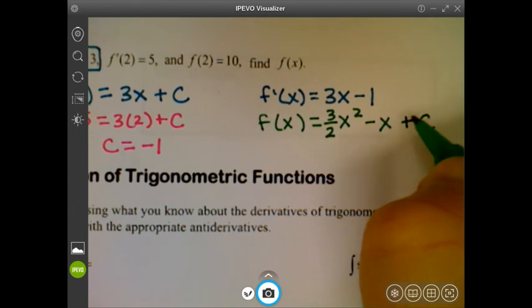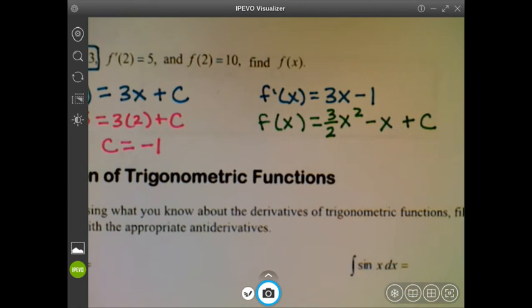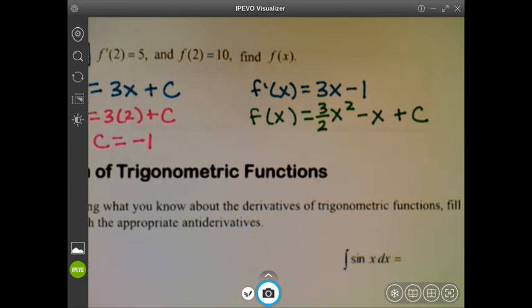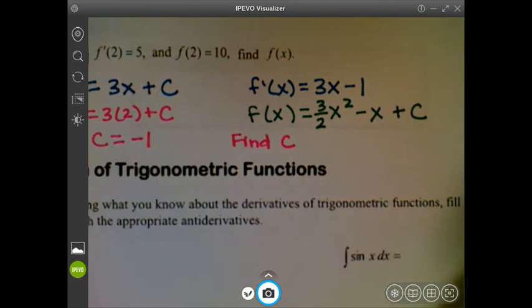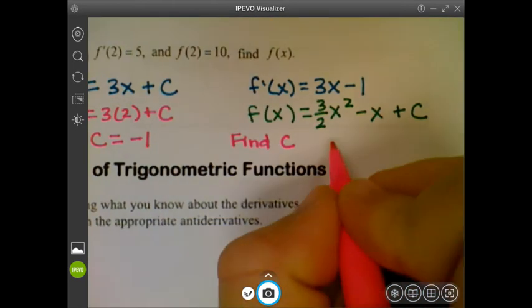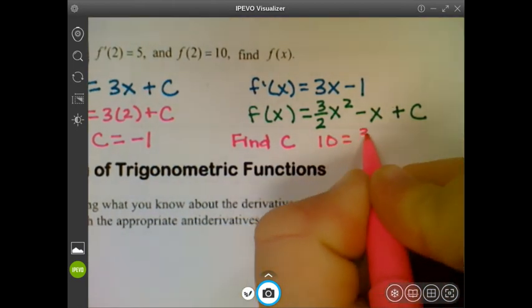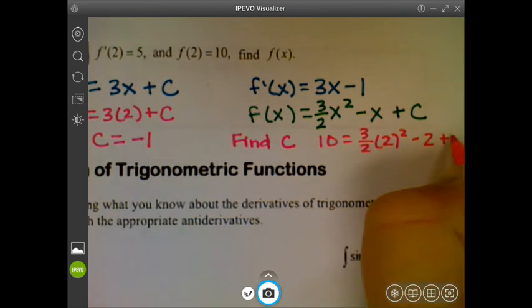Anytime you take an integral, you have to include the plus c. I know we included it over here, but we did a second integral, so we have to include it again. And then you're going to go ahead and find c for this equation, and you're going to use the fact that f of 2 equals 10. So this will be 10 equals 3 halves 2 squared minus 2 plus c.